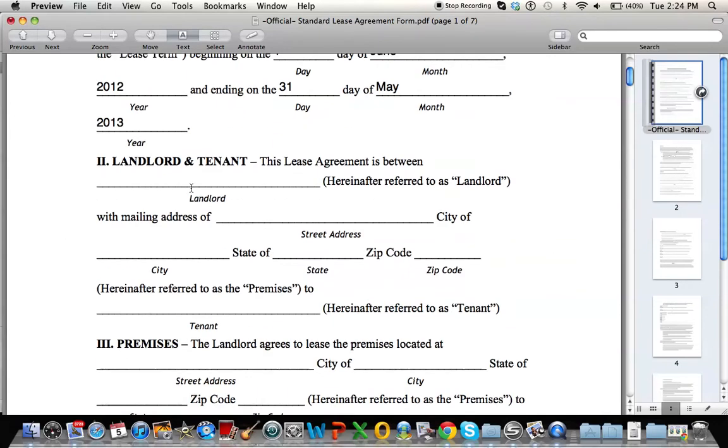This lease agreement is between the landlord, let's call the landlord Chris Scott, with a mailing address of 230 East 24th Street, City of New York, State of New York, New York City, 10010.